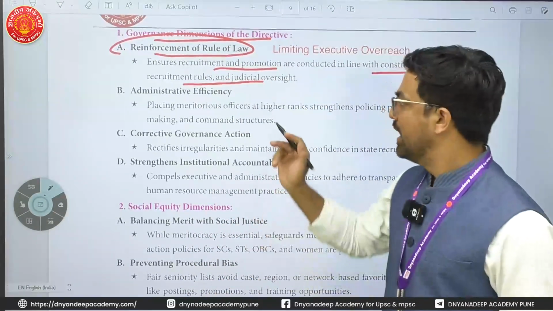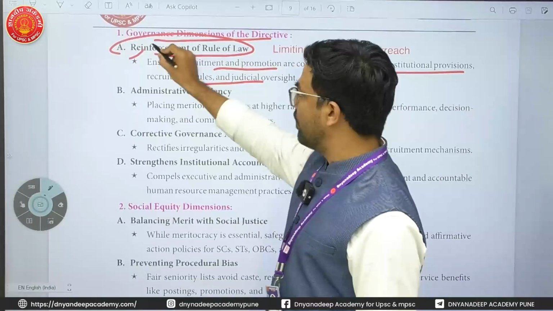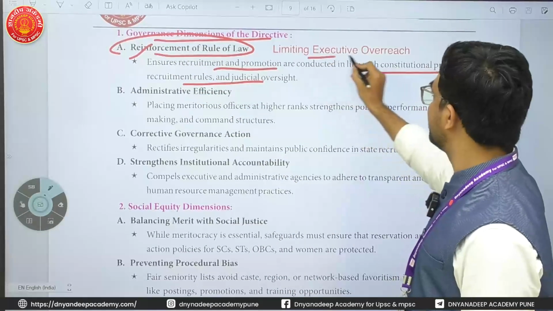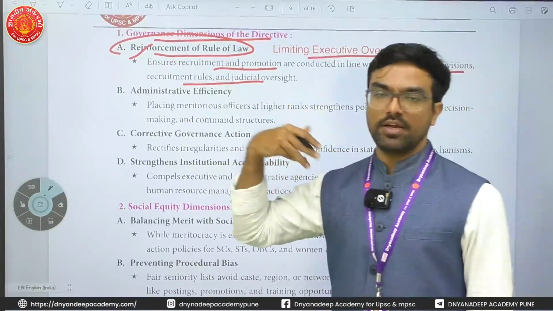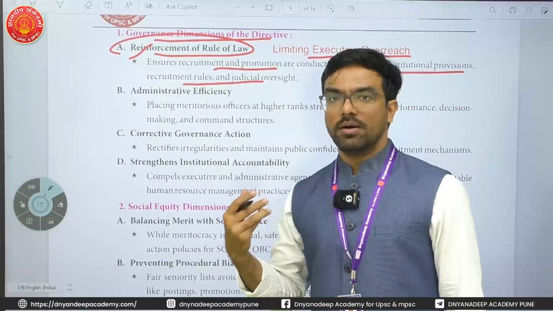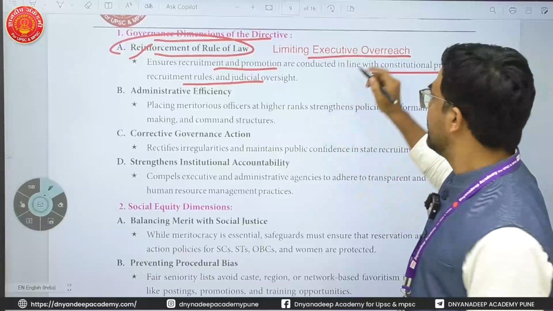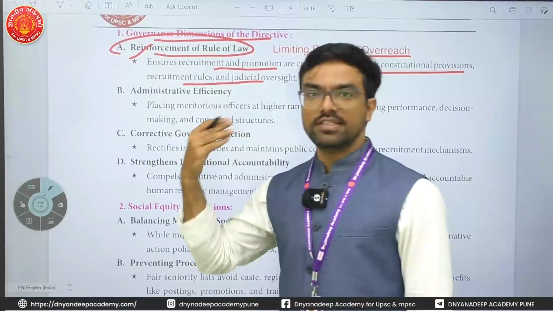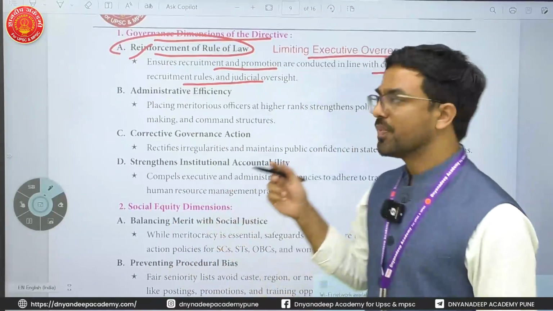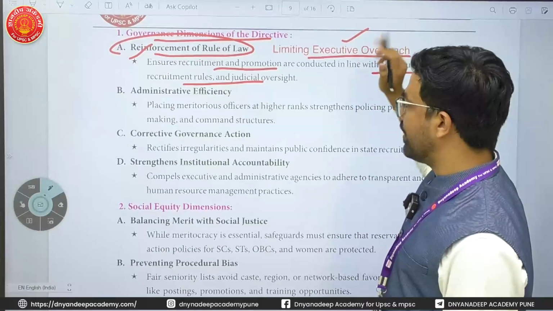This should not happen, and it reinforces rule of law, right? It limits executive overreach. It has nullified the political executive's prior orders, so it has limited executive overreach.